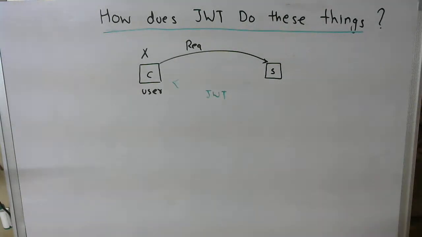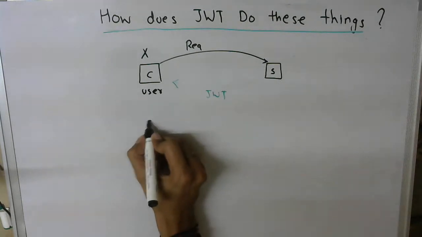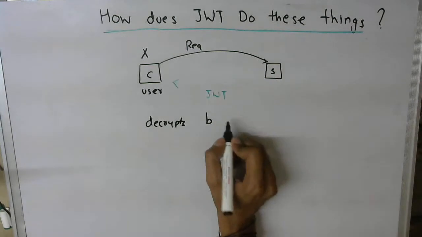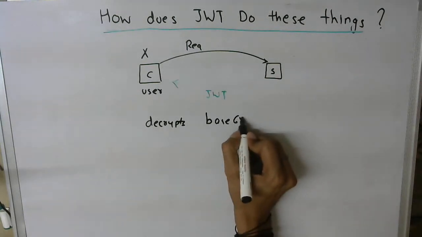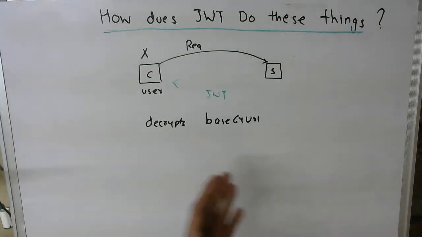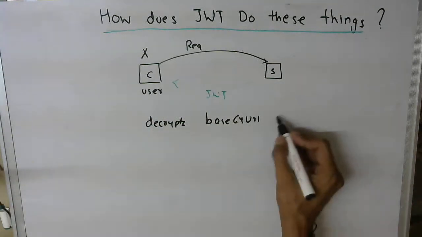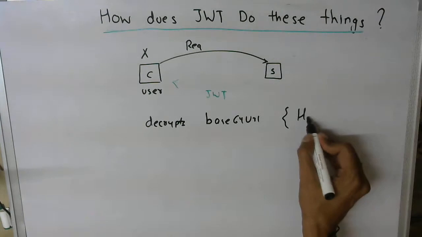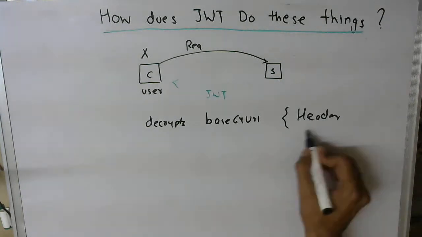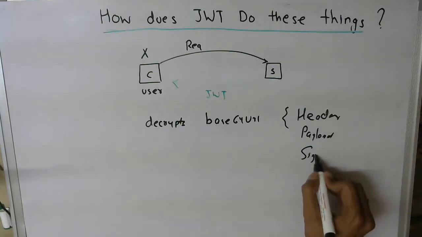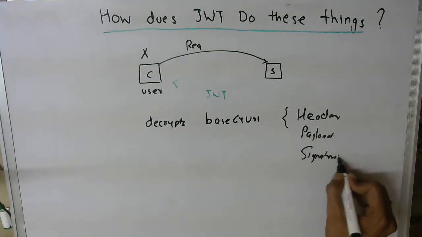So what if the user decodes the base64 URL encoded data? As the data is base64 URL encoded, the client can easily decode it. So the client will get the header and payload and signature. It will get these things in a string.